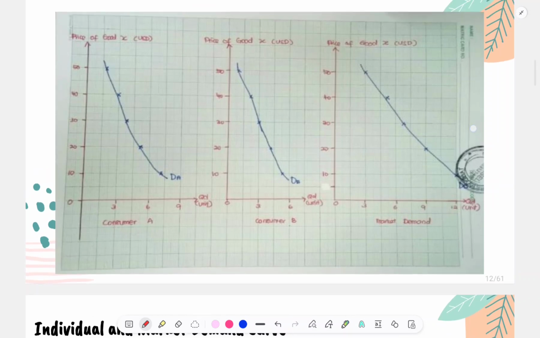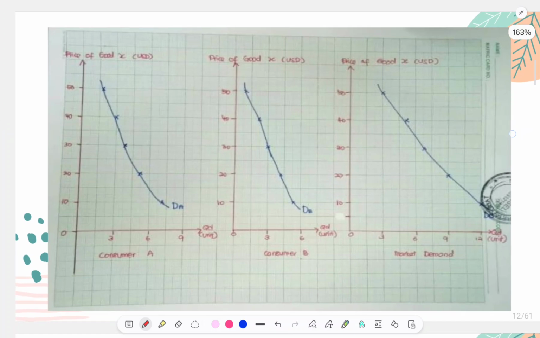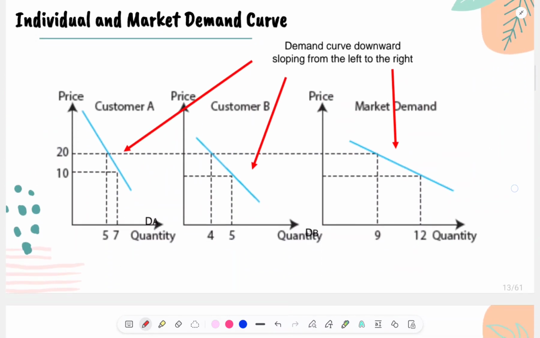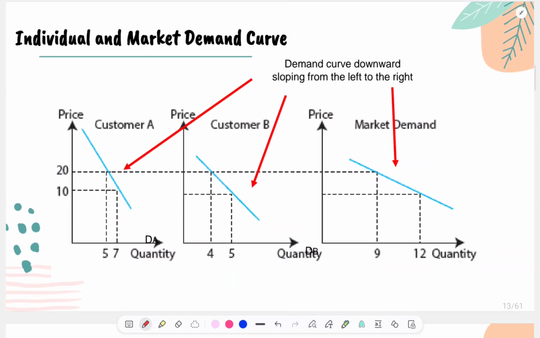If you look closely, you will see the slopes of the curves are different. Some curves are steeper, some curves are flatter. This tells us about the sensitivity of the buyer, which is how they react when the price changes. For example, we can see that customer A's curve is much steeper, so the buyer is less sensitive.